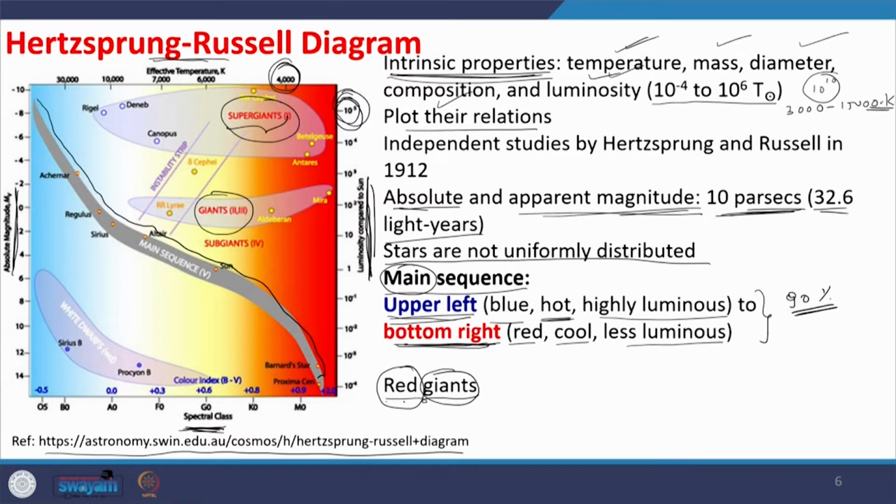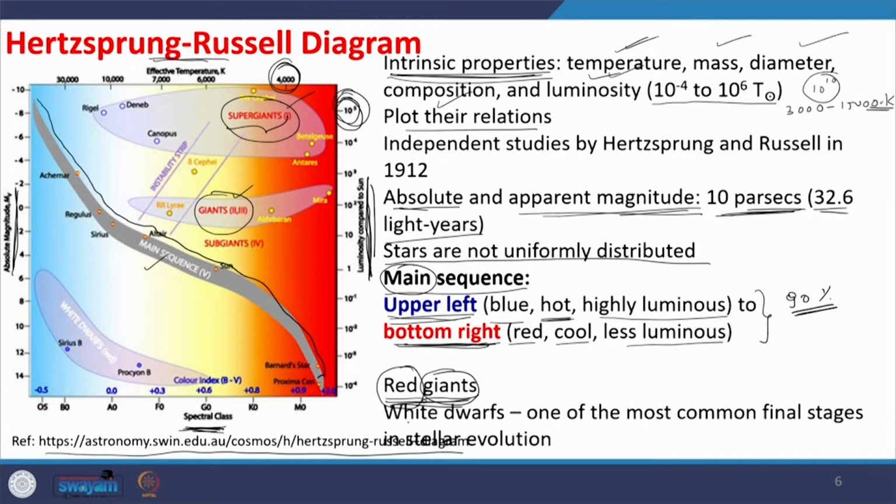How these red giants are formed, I will discuss in detail in coming lectures. For the time being, the purpose is to show you that stars are not distributed throughout the region of luminosity versus temperature, but are grouped into several clusters. One of the main clusters is the main sequence, another is the giants and super giants. They are red in color, so we call them red giants.